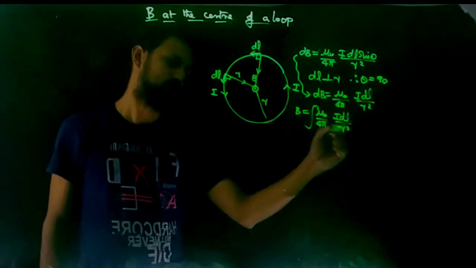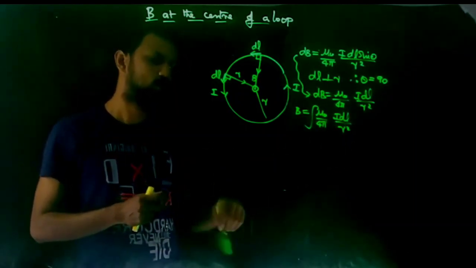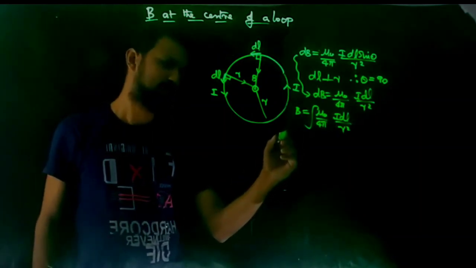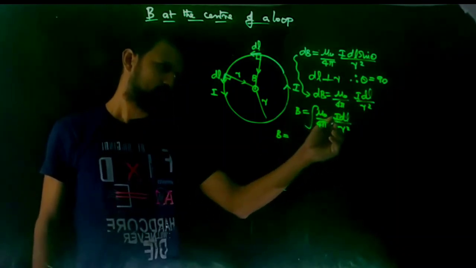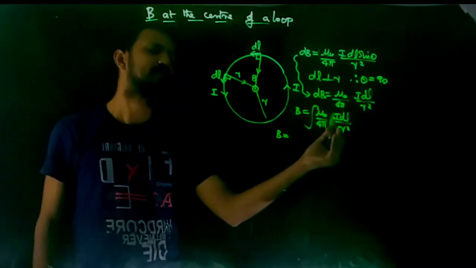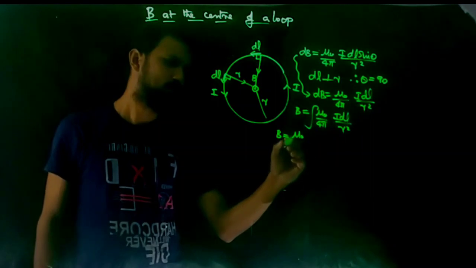In this integration, we can take the constants out. dl is the only variable, and all the other terms are constant. Therefore, mu 0 by 4 pi is a constant, taken out.